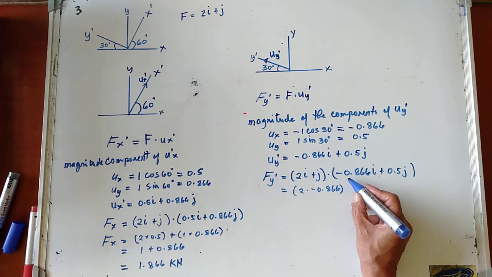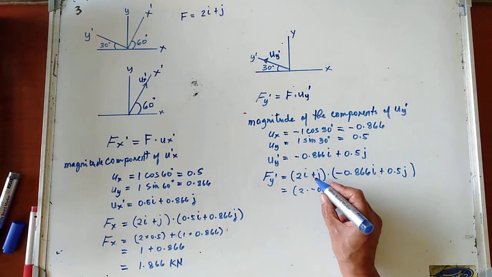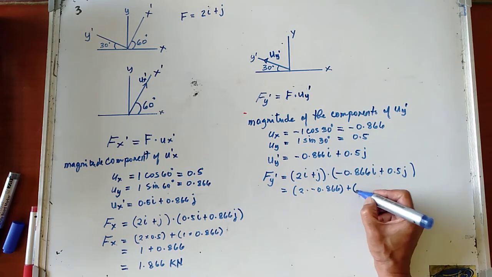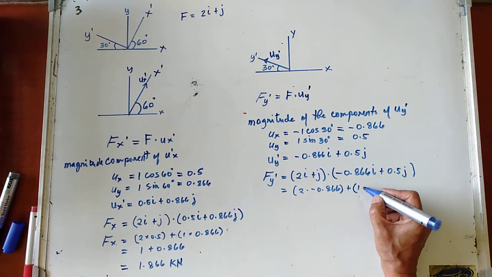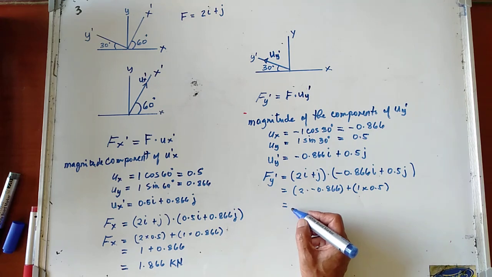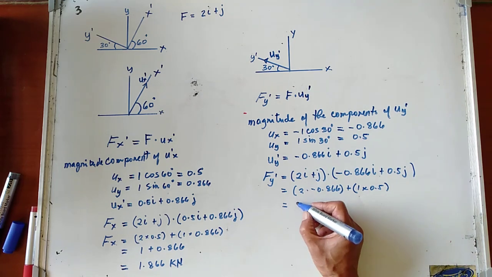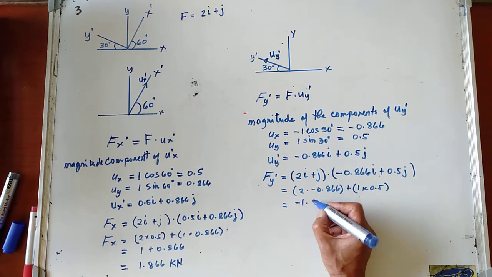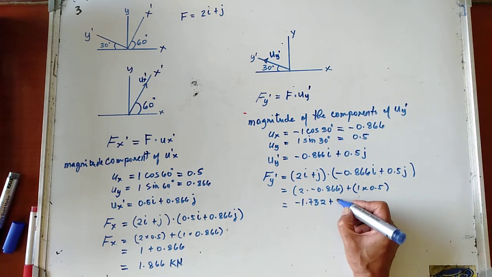Okay, so we have plus 1, multiply this one by 0.5. So this is therefore equal to negative 1.732 plus 0.5.